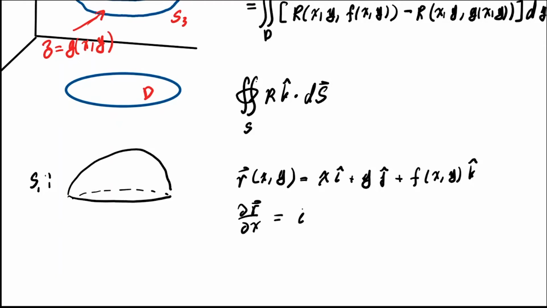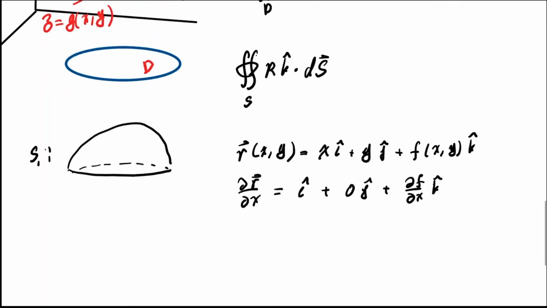So this becomes 1 i vector plus 0 j vector plus partial f partial x k vector. You with me? Then we take another partial derivative with respect to y. This will be 0 i vector plus 1 j vector plus partial f partial y k vector. Good?